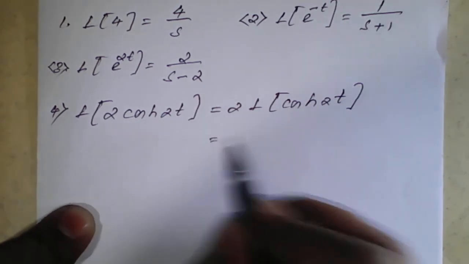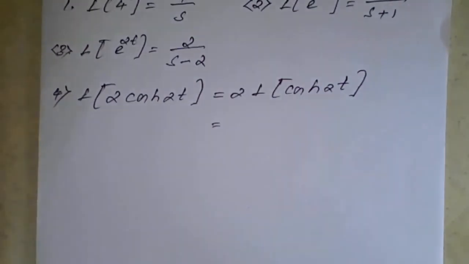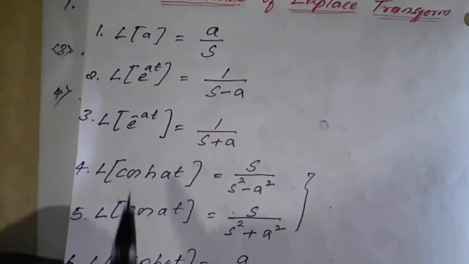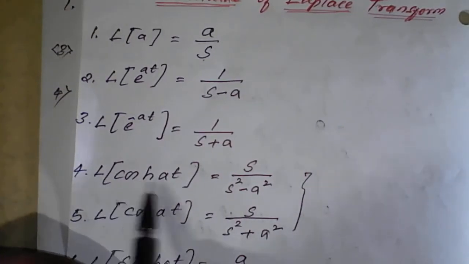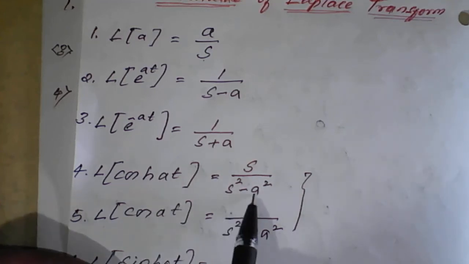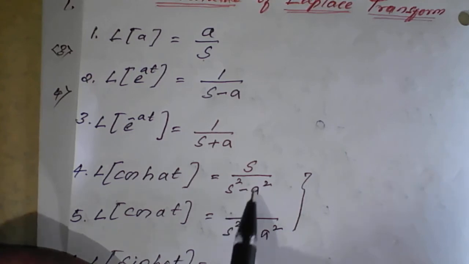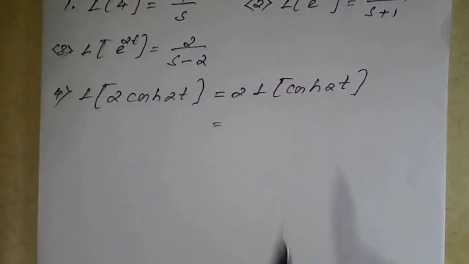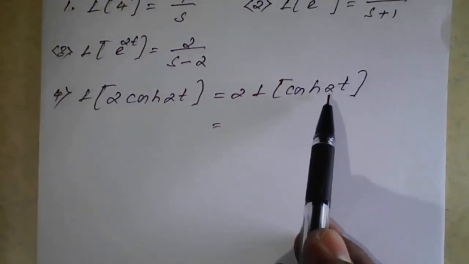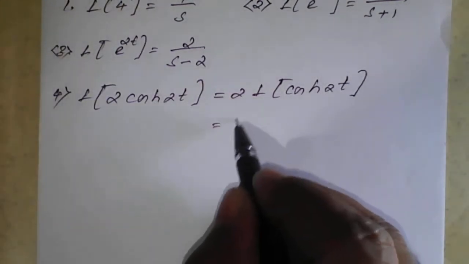Now, what is cos hyperbolic of 2t as per the formula? The formula is Laplace transform of cos hyperbolic of at is s divided by s square minus a square. This s and s square will remain the same, only we need to update the value of a. Here the value of a according to our question is 2.